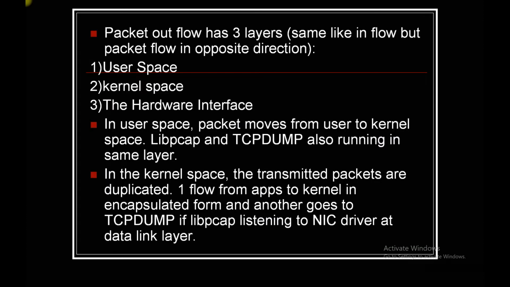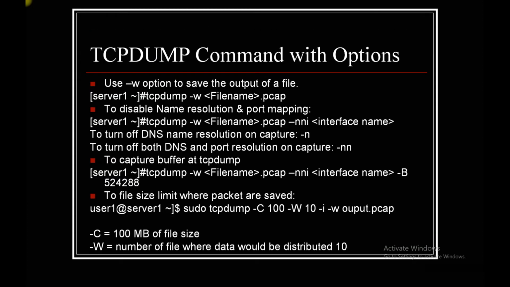Okay, so let's move to the next slide, which is tcpdump commands. Basically how it's run. For running tcpdump, if you want to save the output to a file, use tcpdump -w, and specify the file name with a .pcap extension where you want to save the data. If you don't mention -w and a file name, what will happen?